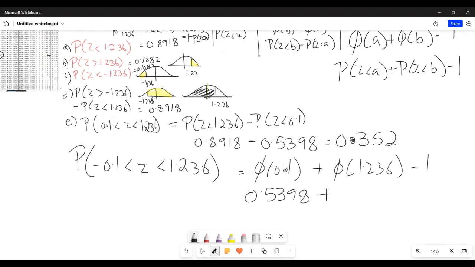That was 0.8918. And then you subtract 1 from the answer. Heather, can you tell me what this is? 0.4316.